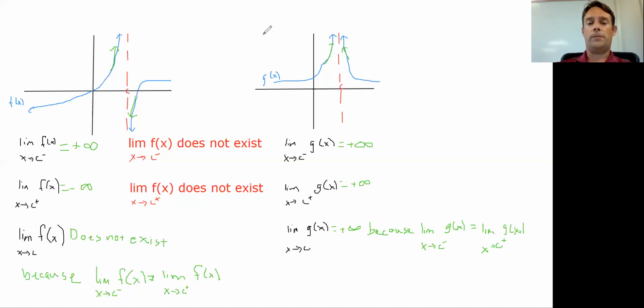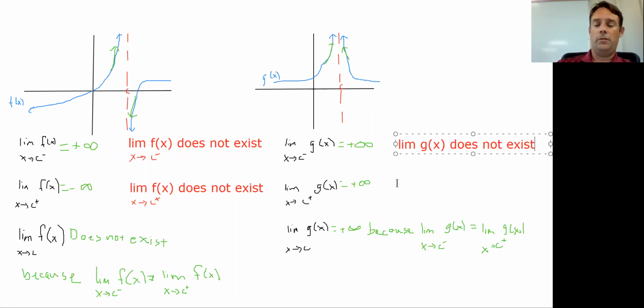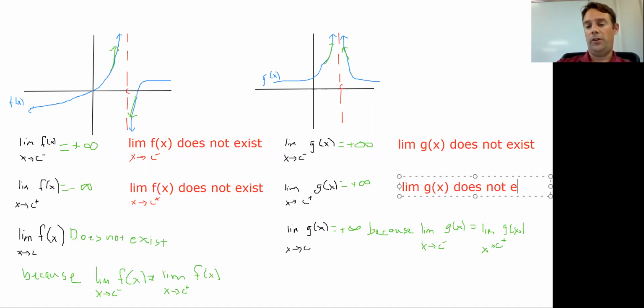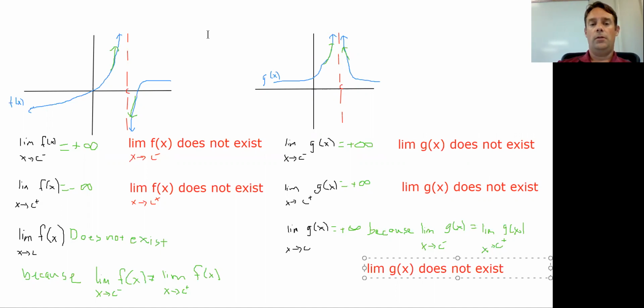So we still would come back and still say that the limit does not exist. Anytime a graph goes to infinity, we'd say that it does not exist.